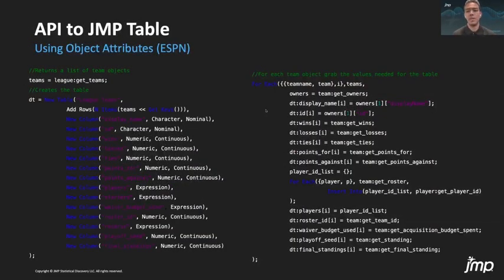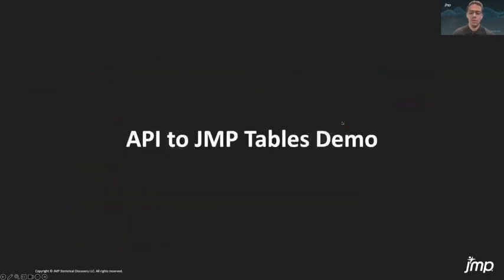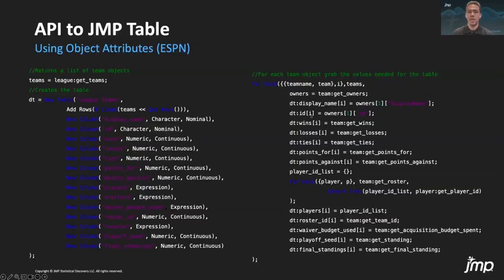Another way to do this, as you can imagine, might be more useful when working with our ESPN data, since it was more object oriented, is to define our table manually using JSL, and then to use the object methods in order to populate those columns. So as you can see here, we are looping through team objects in order to populate the teams that are in the league.